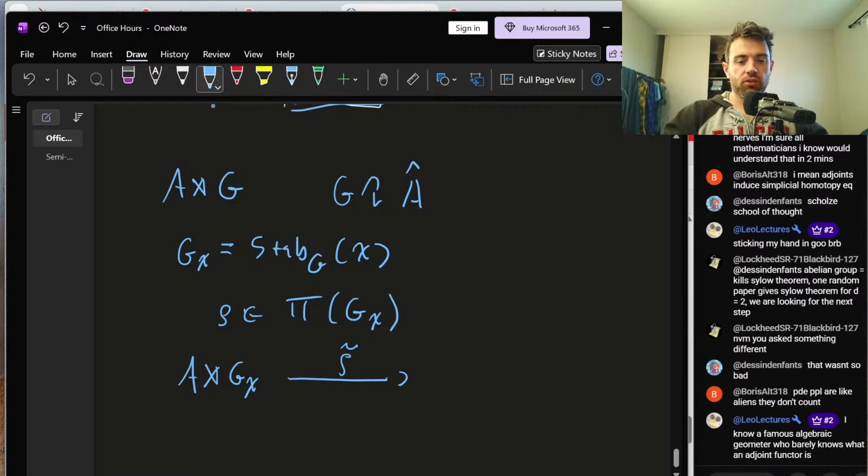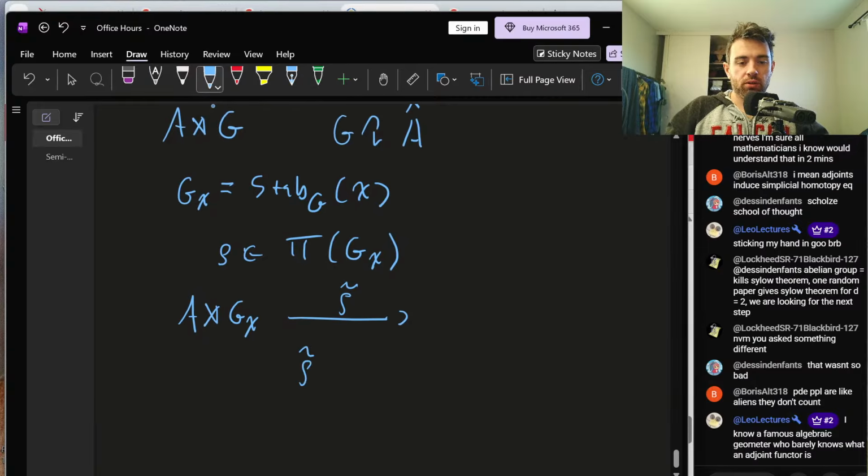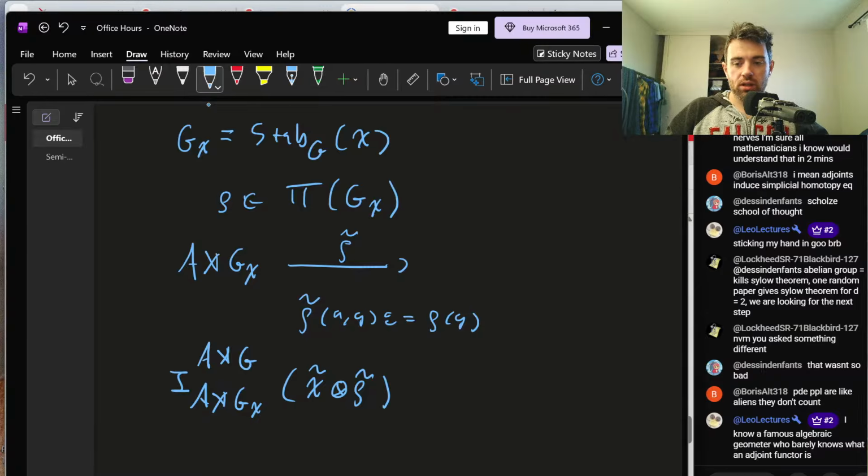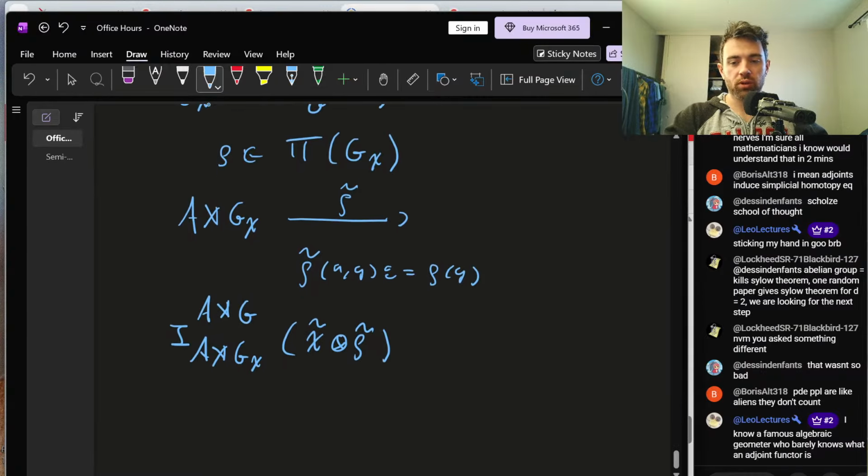We lift rho to here, which is just rho of G, and we lift chi in a similar way, and then we induce this tensor product. And this will give us all of the irreducible representations.